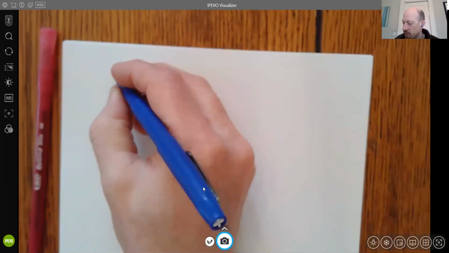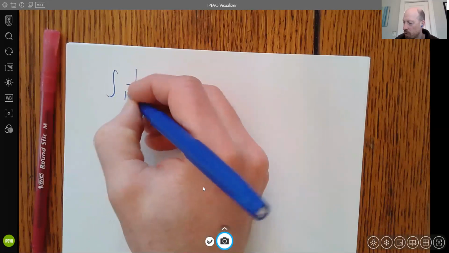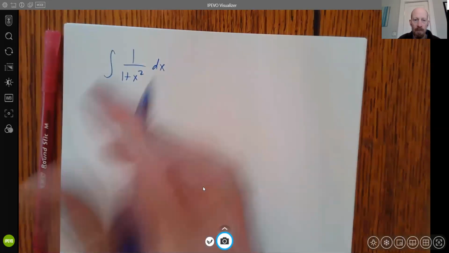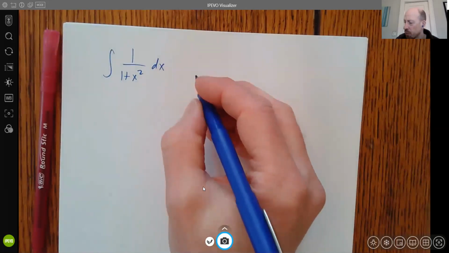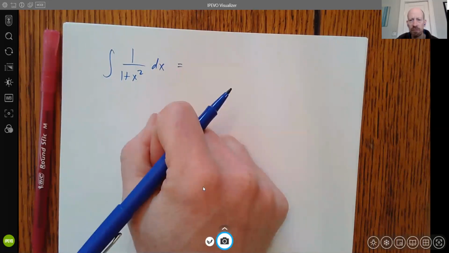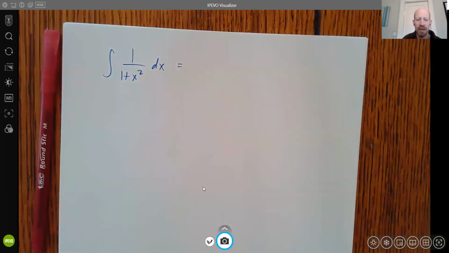For instance, what if I say the antiderivative of 1 over 1 plus x squared? This one you should recognize as one of our antiderivative rules. Anybody remember what that one is?